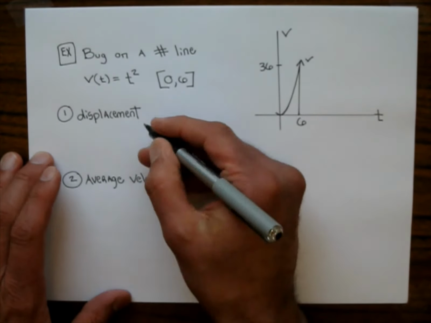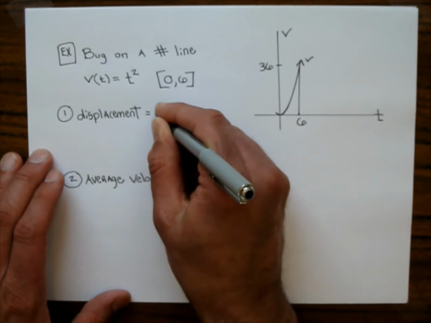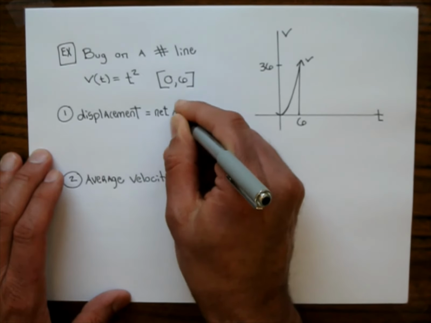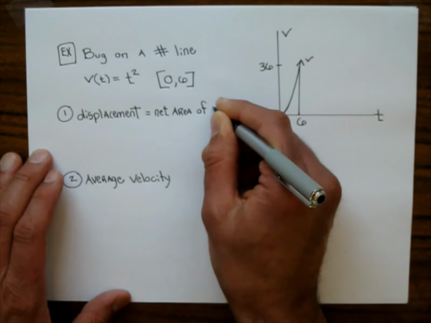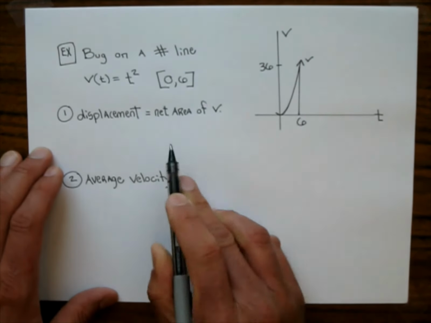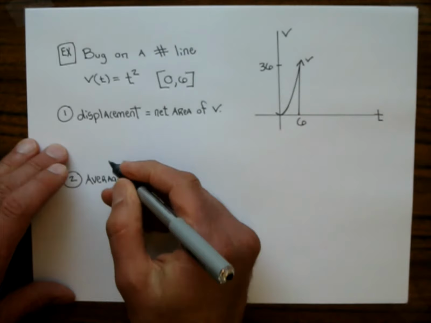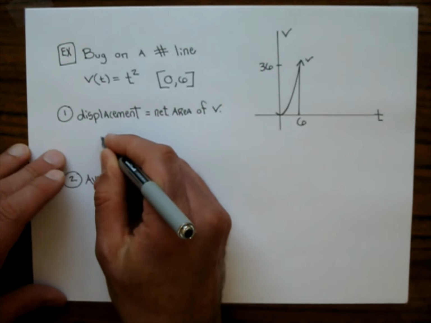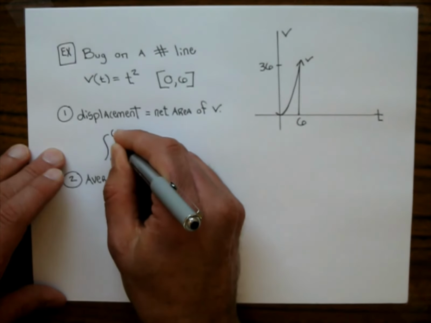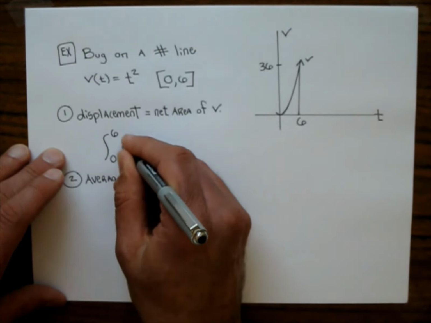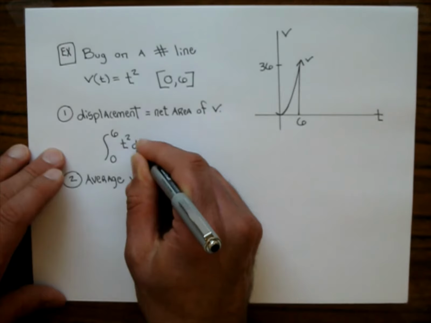The displacement happens to be the net area of your velocity graph in the time interval. And how do you get the net area? You get the net area by going like this, by taking the integral from 0 to 6 of t squared dt.